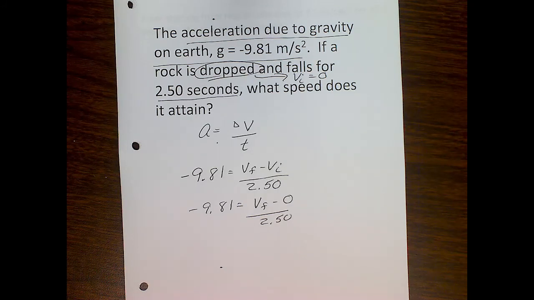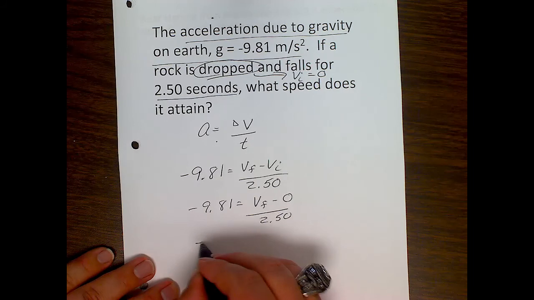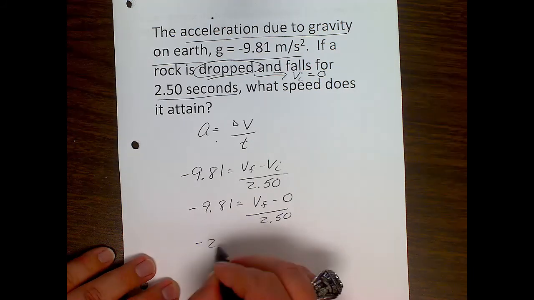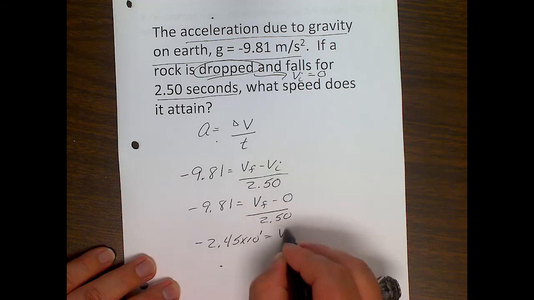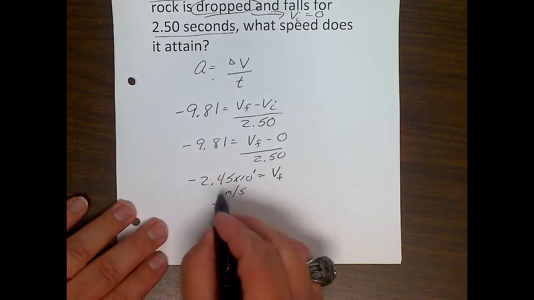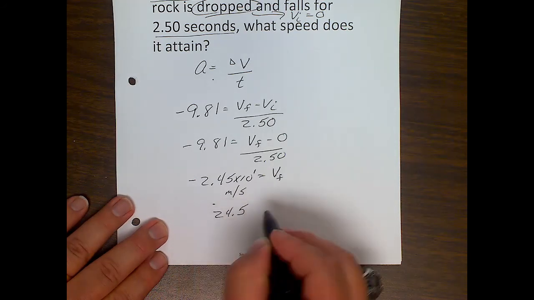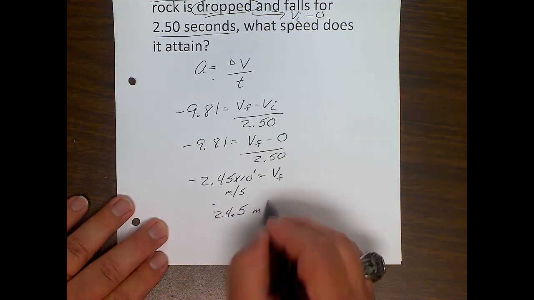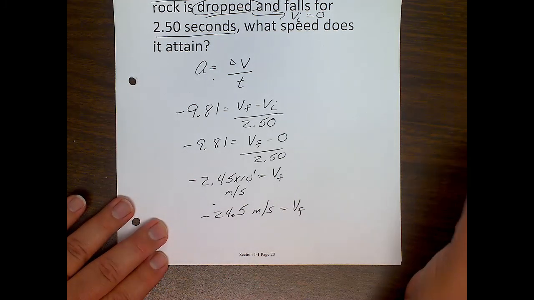Now, 9.81 times 2.5 gives me, in this case, negative 2.45 times 10 to the first. And this is meters per second. I'm actually going to change this to an expanded form because often we do not write ten to the first.